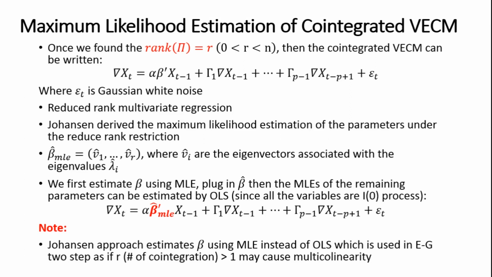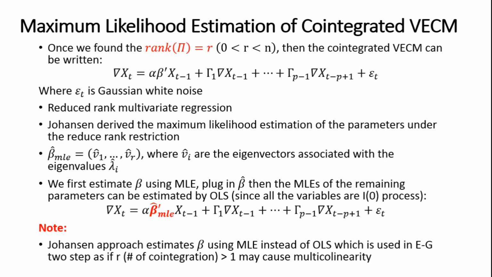So we first estimate beta 0 using MLE, and given beta 0, the MLE of the remaining parameters can be estimated by ordinary least squares, since the variables are cointegrated, stationarily.